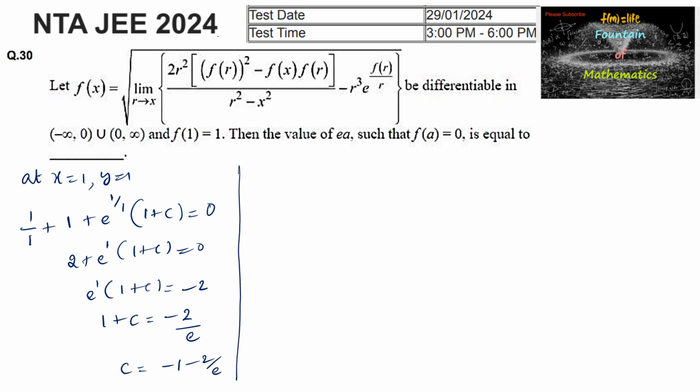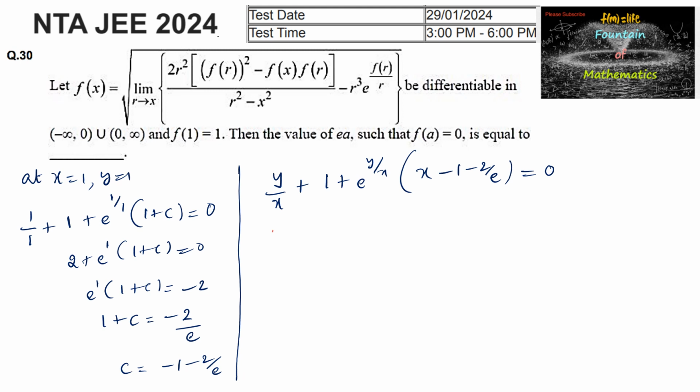So let us substitute in the equation. So we have y upon x plus 1 plus e to the power y upon x into x plus c, that is x minus 1 minus 2 upon e, is equal to 0.